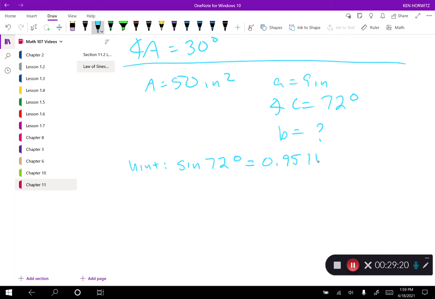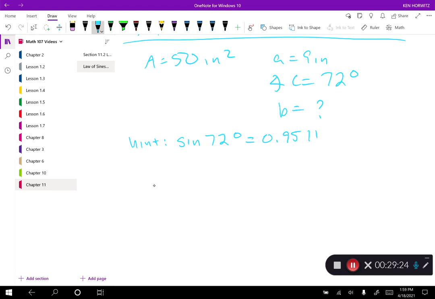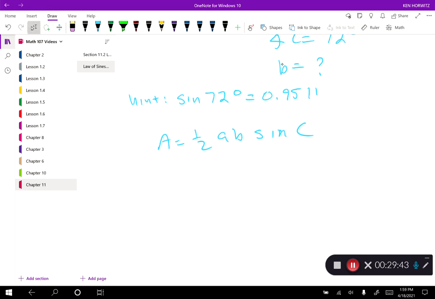All right, so we have to find side B. So again, I'm going to use my area formula: area equals 1/2 AB sine of angle C, right? And that's because I have side A, I have angle C, so this would be the appropriate way to write the formula.